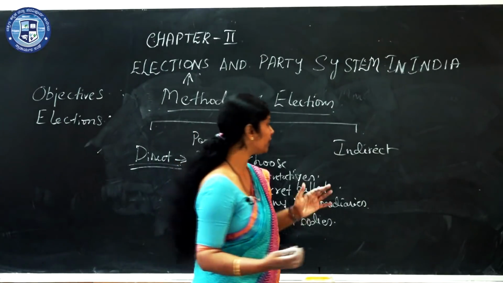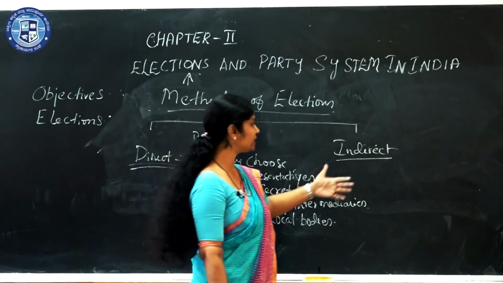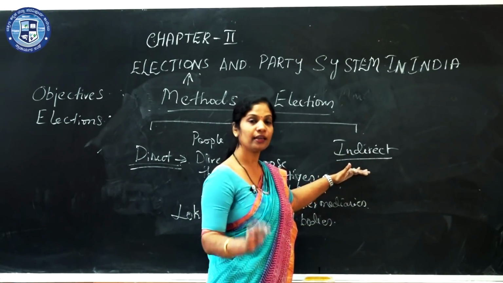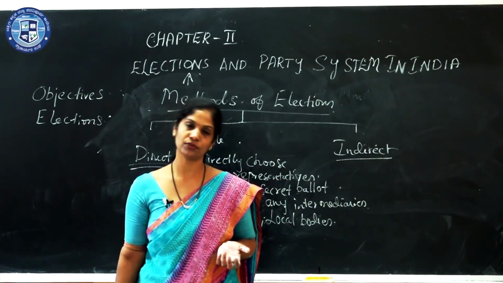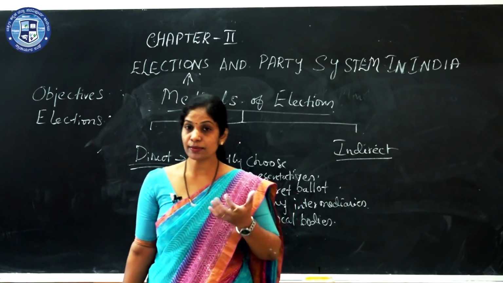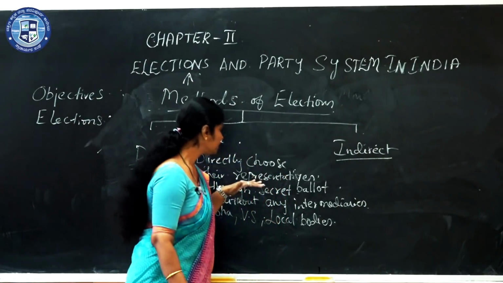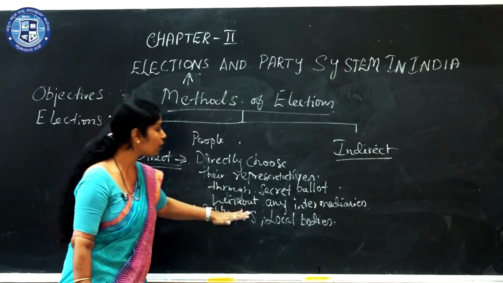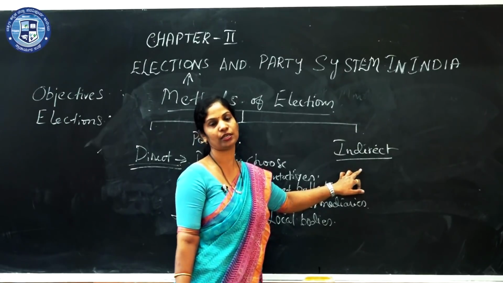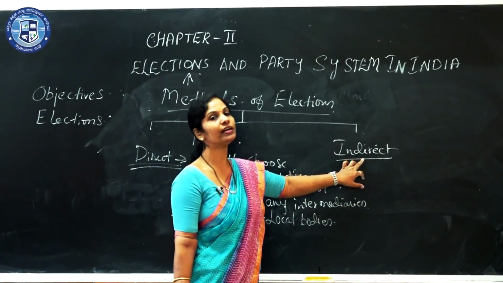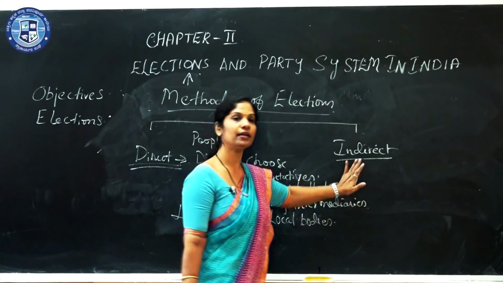So what is the meaning of indirect election? The name itself suggests that here the people are not directly participating in the affairs of the government. So what is the meaning of indirect participation of the voters then? Whatever I told earlier, without any intermediaries, under the indirect method of election, people of course participate in the affairs of the government or the election, but not directly, but indirectly.